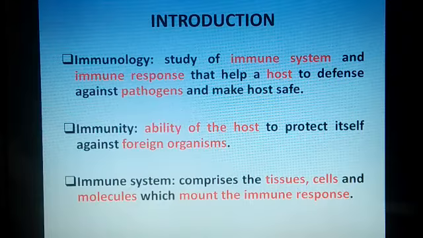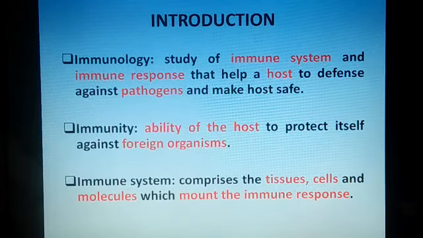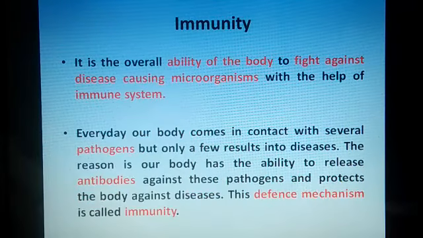Now we will study the term immunity in detail. Immunity is the overall ability of the body to fight against disease-causing microorganisms with the help of immune system. Or you can say the fighting capacity of our body to protect ourselves from pathogens or microorganisms.